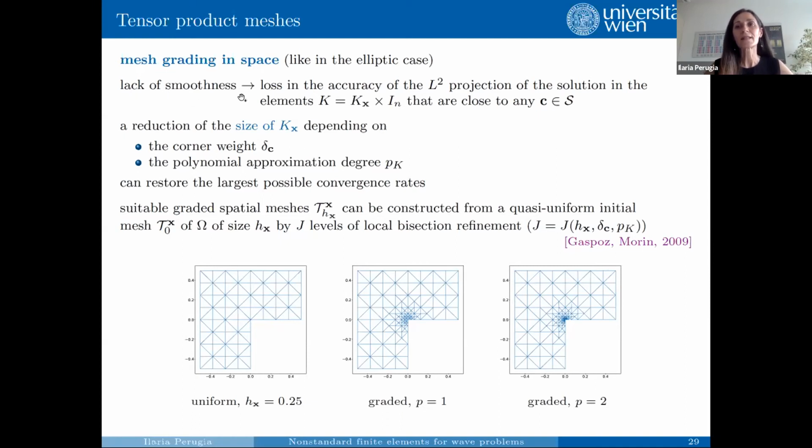But the singularities are very similar to the singularities of elliptic problems, and so one can reduce the size of the elements close to the corners in order to restore the largest possible rates. What is lost in the exponent has to be gained in the basis, so in the size of the elements.